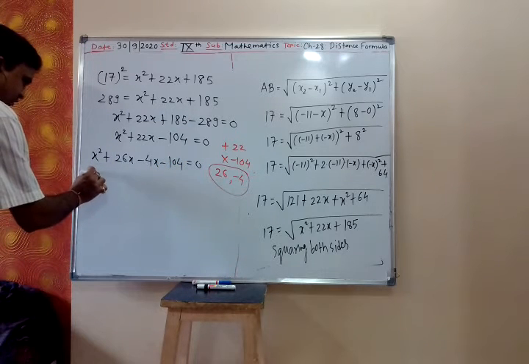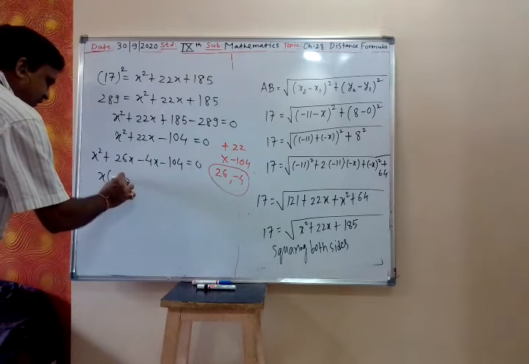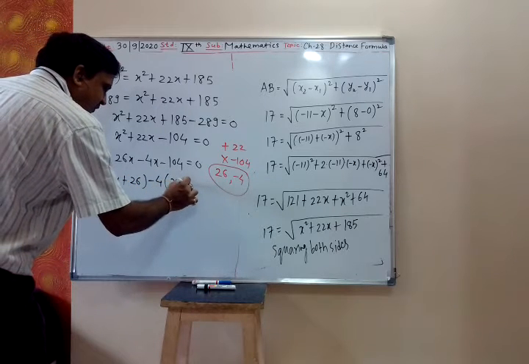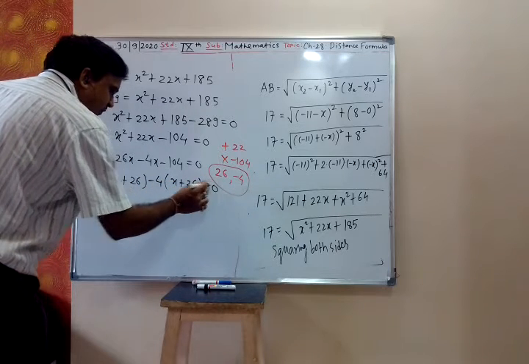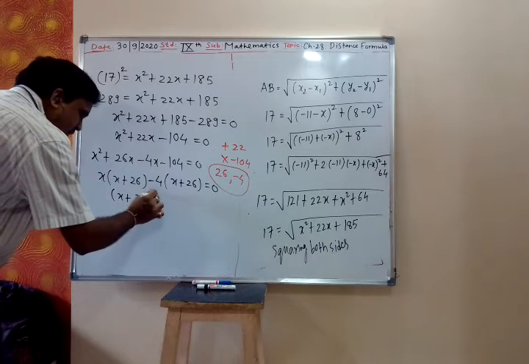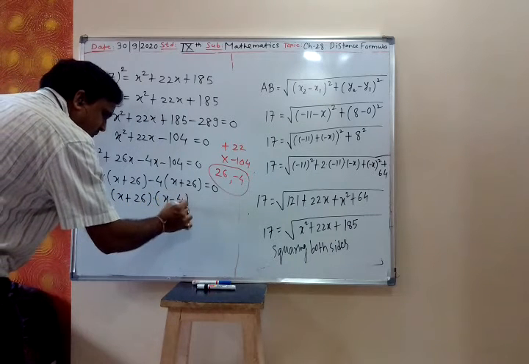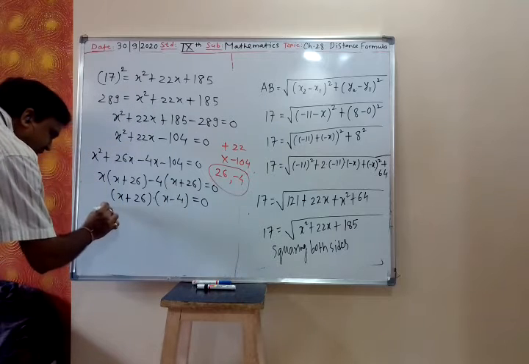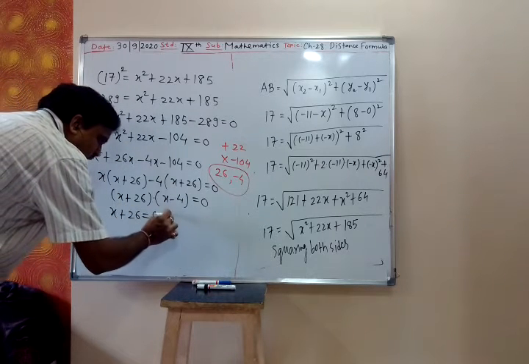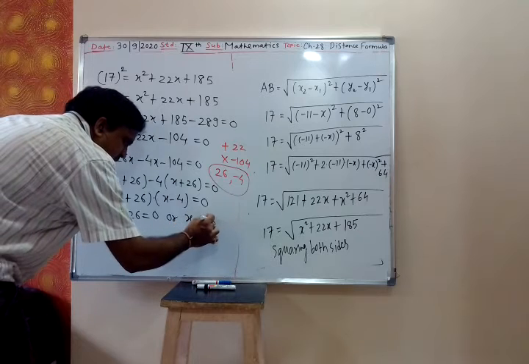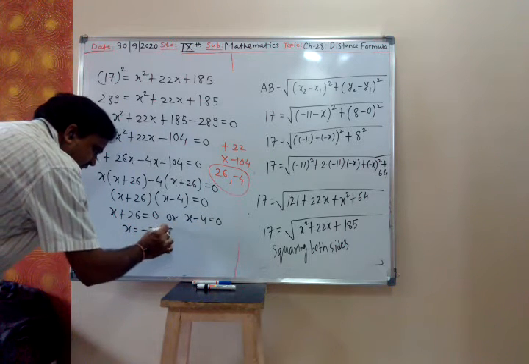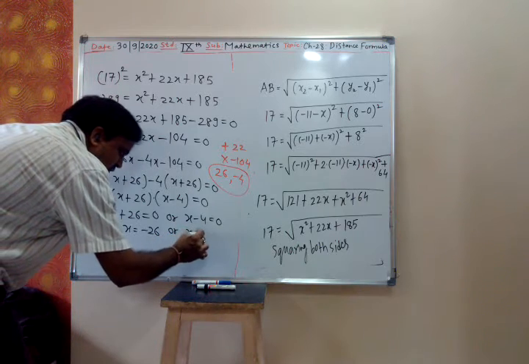Taking x common, x into (x plus 26) minus 4 into (x plus 26) is equal to 0. So you will get (x plus 26) into (x minus 4) is equal to 0. So x plus 26 is 0 or x minus 4 is 0, that will give you x is equal to minus 26 or x is equal to 4.